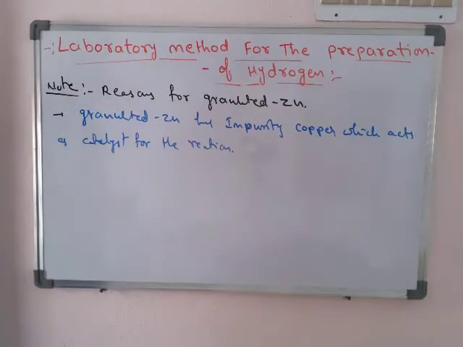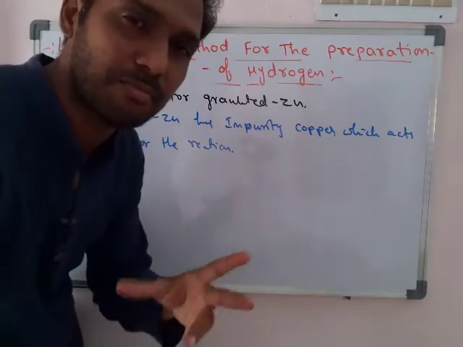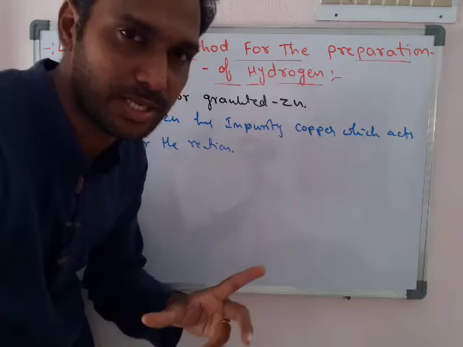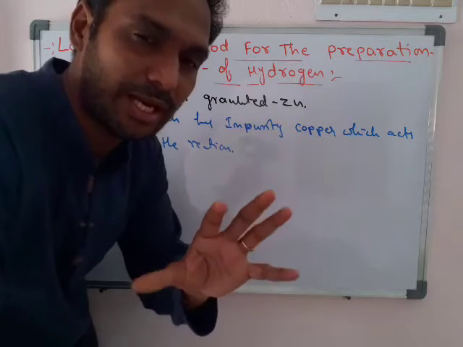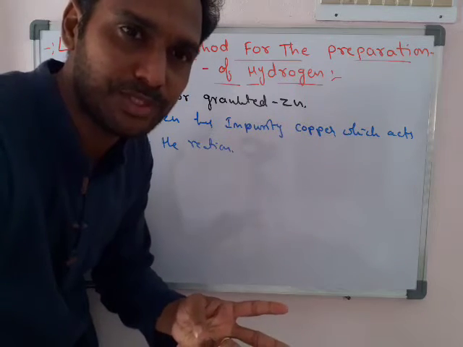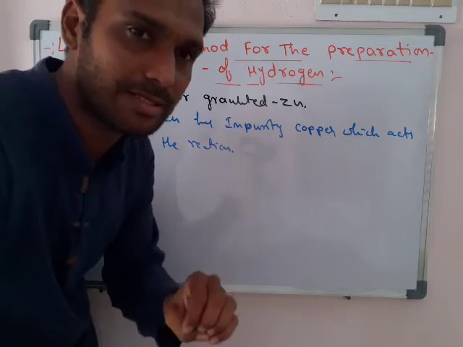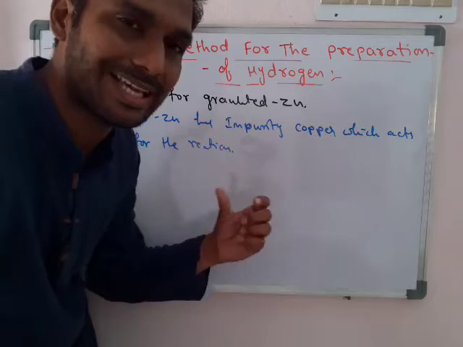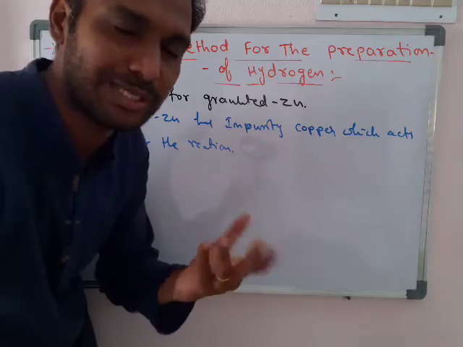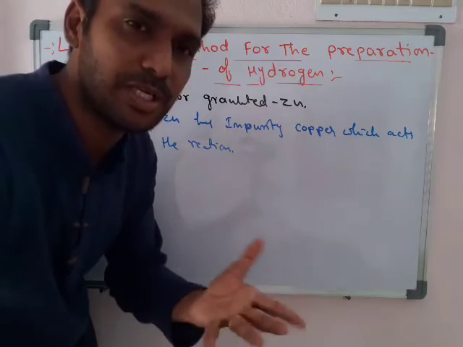Okay, so here there are many impurities present. Not only copper, there are also many other metals present, and manganese also is an impurity. Among all the impurities, the copper impurity works as the catalyst for this preparation. You know the catalyst means which speeds up the reaction.